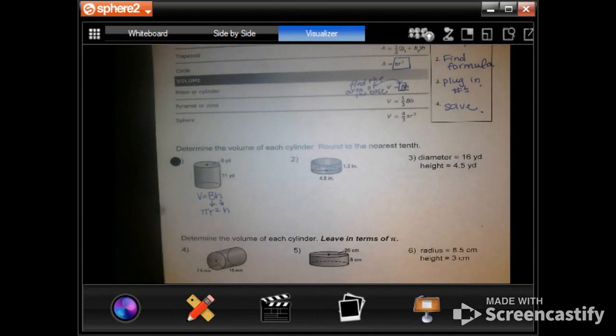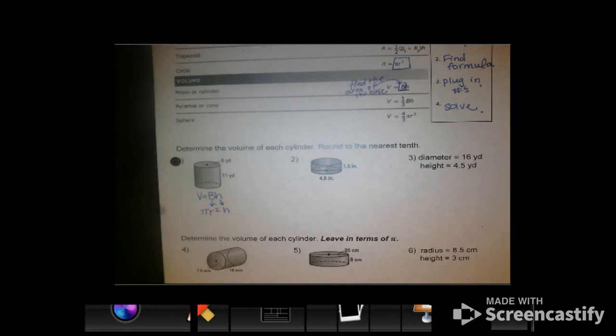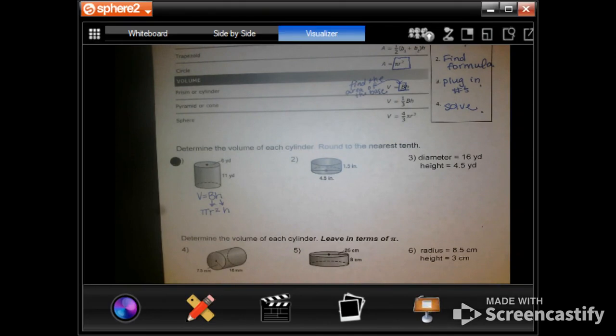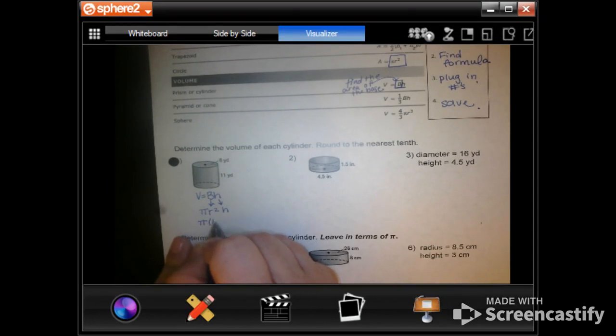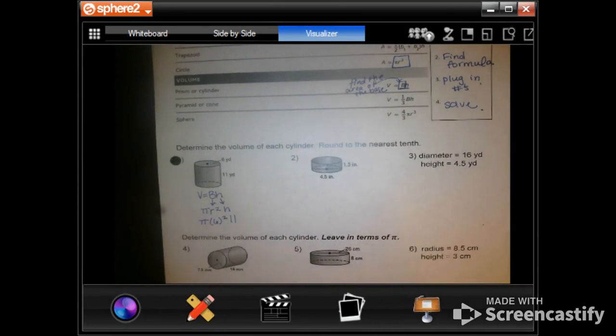Nobody remembers? What is the radius of a circle? Okay, it is 6 here. Guys, the radius is the distance from the edge of a circle to the middle. Okay, so I would plug in 6 for that squared. What is my height? 11. 11. Okay, plug that into your calculator.